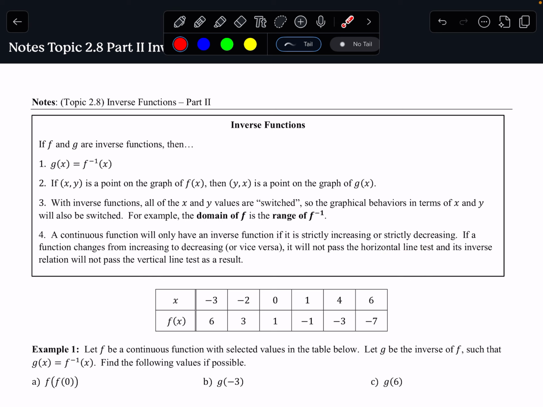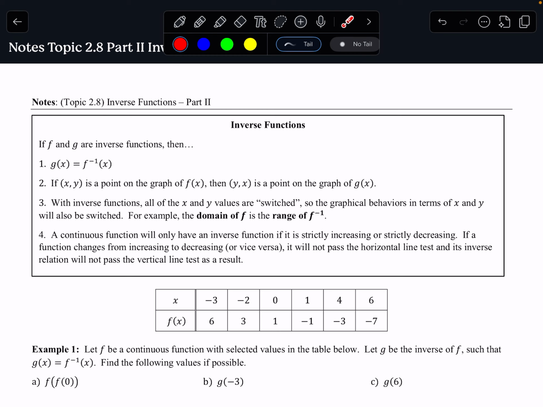Let's say I have this function. It is strictly increasing. Therefore, its inverse will be a function. This function is strictly decreasing. It's going down. Therefore, its inverse will be a function.